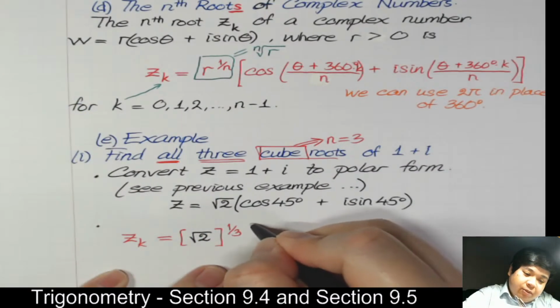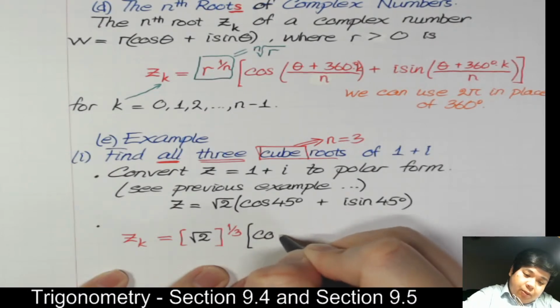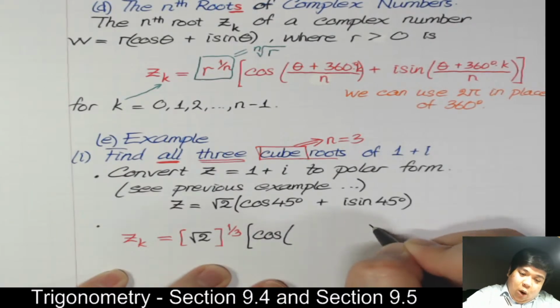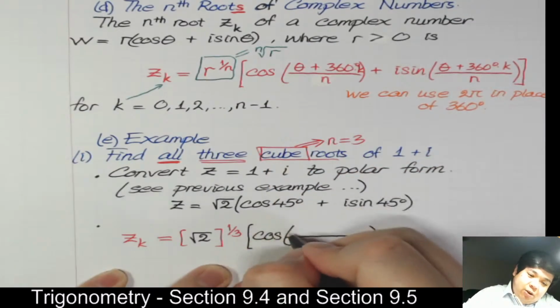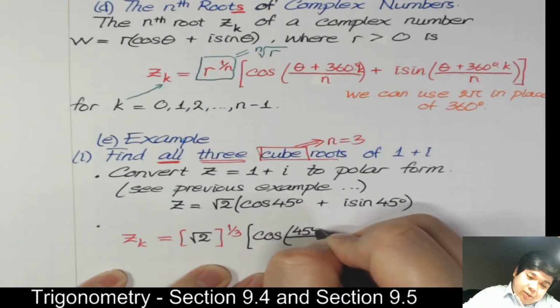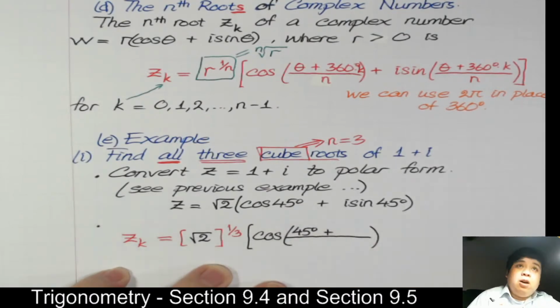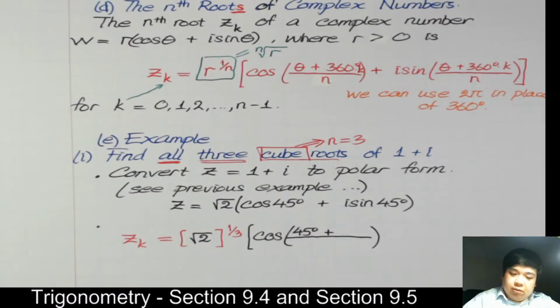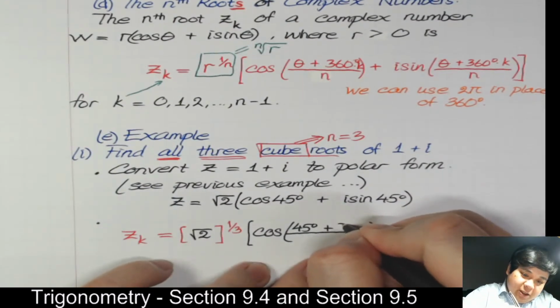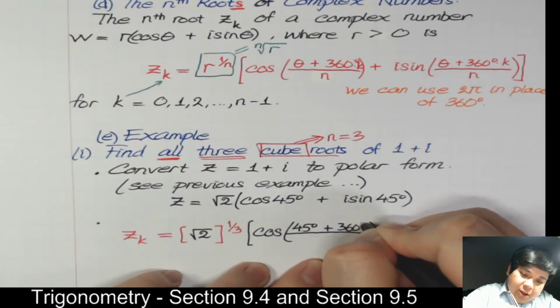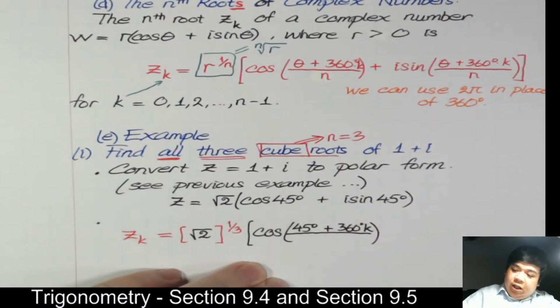Right, next. According to that theorem, we're going to get that angle 45 degrees plus 360 degrees times k divided by n.